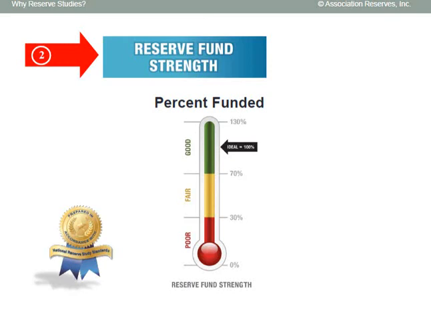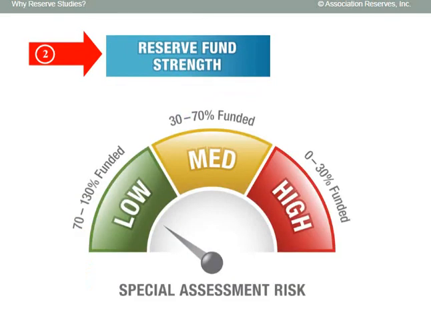So the ideal is that balance point where an association is 100% funded, where reserve cash is equivalent to reserve deterioration. And then you can go down into the fair and poor range. Another way to look at it is not just what we describe it, but what are the implications.